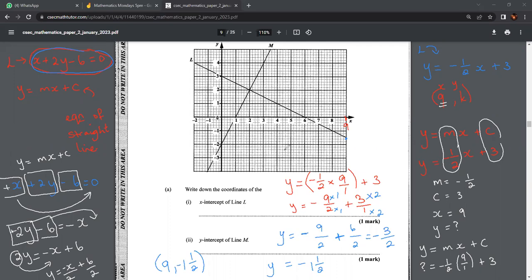All right, so here's what I'll do. I'm actually doing graphs in, I think it's a Form 3 class. What we're doing now is prepping for those who are doing the exam this June.